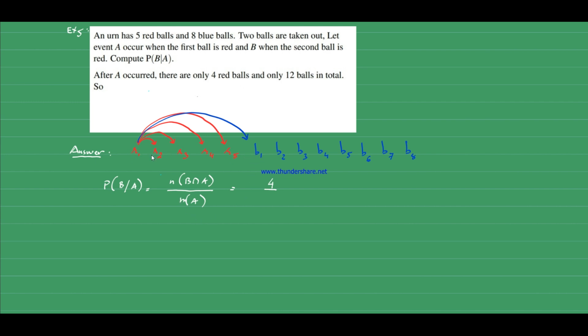The set over here contains every element where the first ball is red. It doesn't care about the second ball. It could be red or blue.